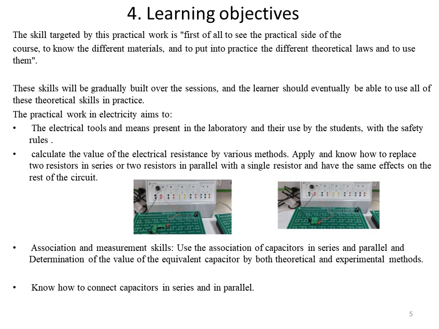After we calculate the same capacitor with the experimental part, put the capacitor in the laboratory and calculate it with the multimeter. And finally we can know how to connect capacitors and resistors in series and in parallel ways.